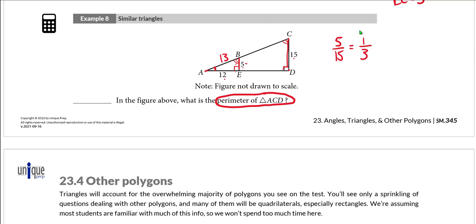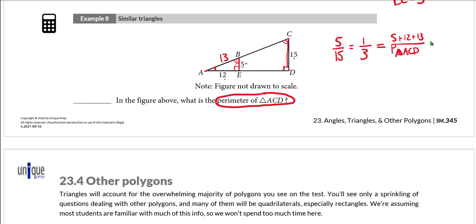And remember that perimeter follows the same exact pattern. So if my perimeter of the small triangle is 5 plus 12 plus 13, that must be proportional to the perimeter of the larger. So let me do this. I'll do triangle ACD perimeter. P triangle ACD.